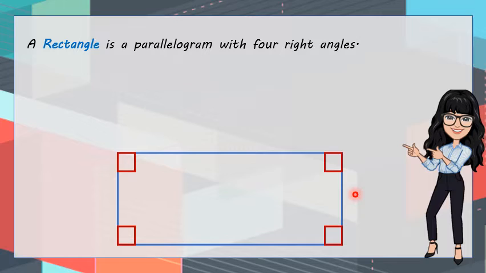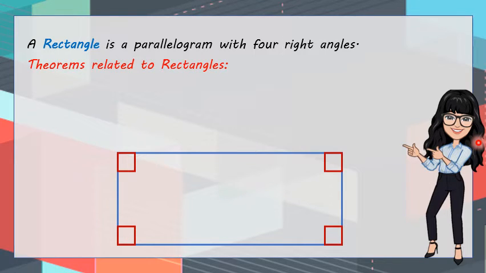If those four interior angles are all right angles, then we can say that that parallelogram is a rectangle. This is the special property of your rectangle that will set it apart from all other parallelograms.